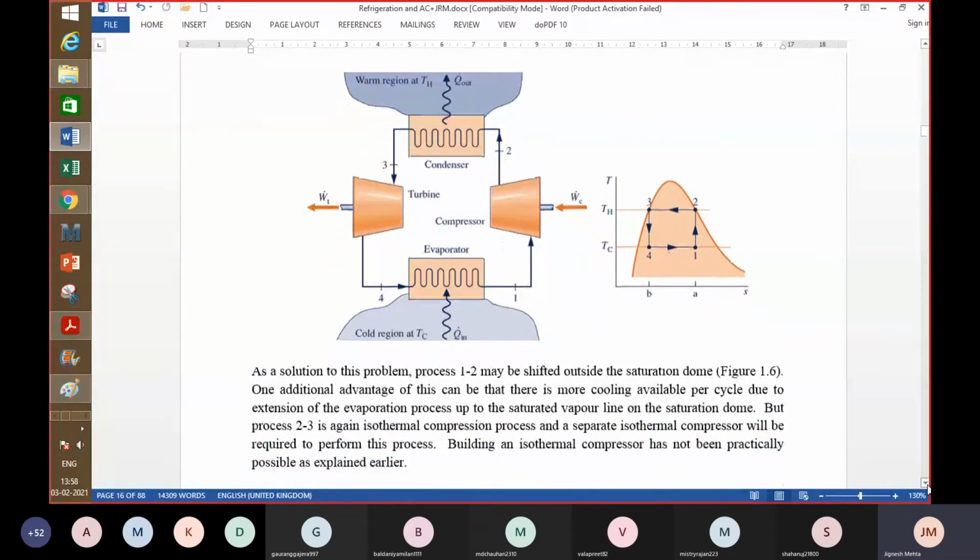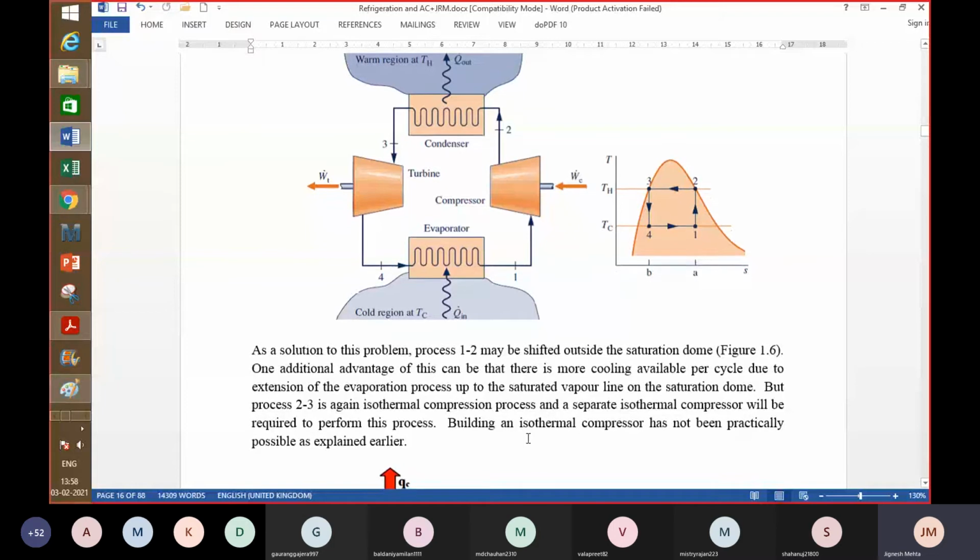So as I told, one of the solutions is that you extend this process for 1 and take this point 1 up to the point where it becomes dry saturated vapor, and then compress it, right? Actually, there is an advantage because of this.